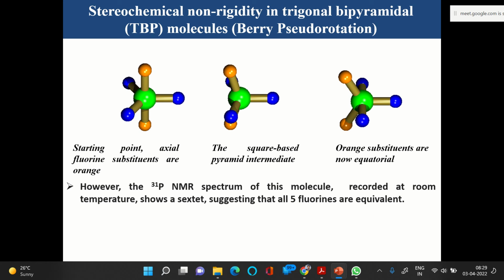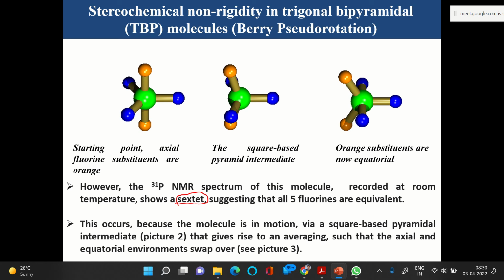So a 31P NMR would give you a sextet in PF5, because the coupling with all these 5 fluorines is of the same type. The average picture is that all are equivalent. The distinction between axial and equatorial fluorine is gone, so that's why we get something like this.